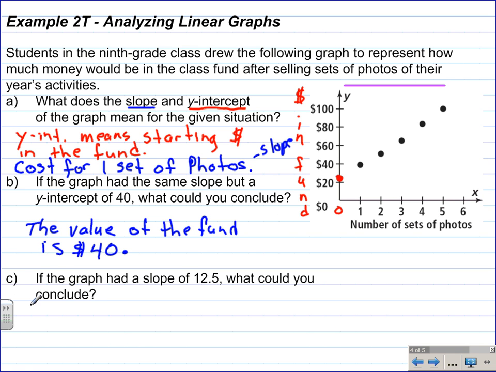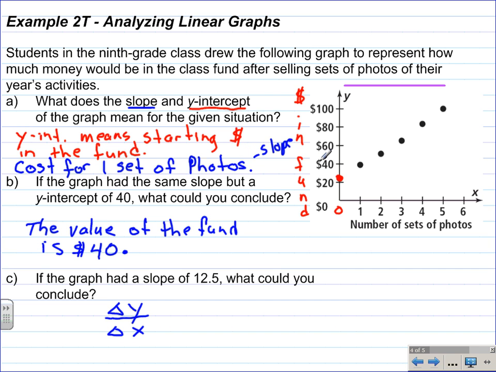Coming down to question C, if the graph had a slope of 12.5, what could you conclude? Well, the slope, remember, is the change in the y direction. That's what that triangle means. It's the Greek letter delta, and it means change in, over the change in the x direction.